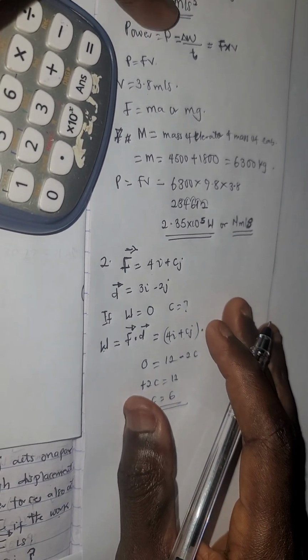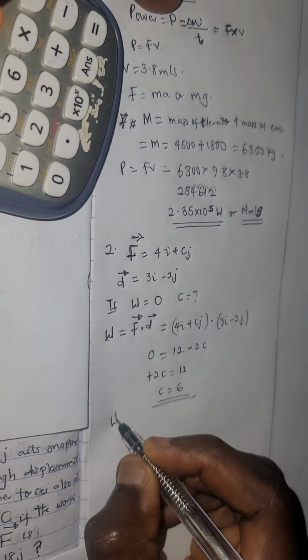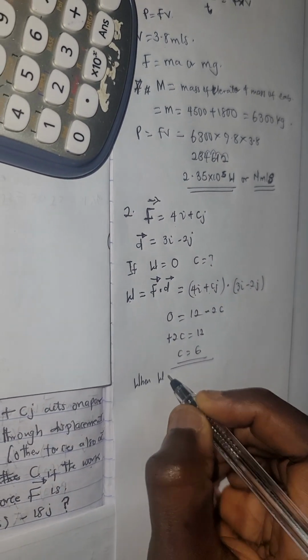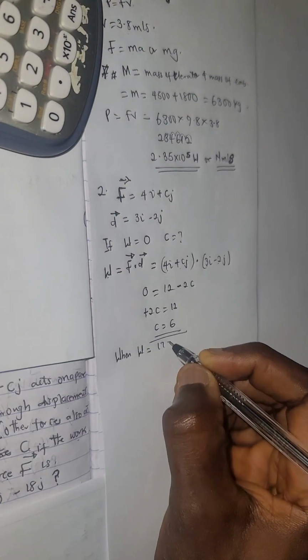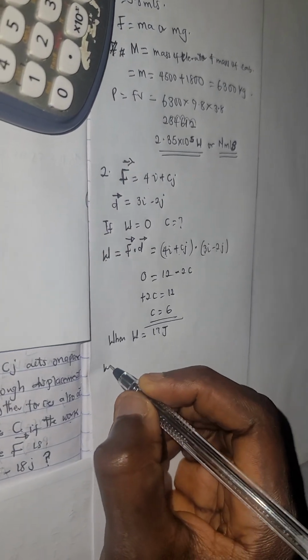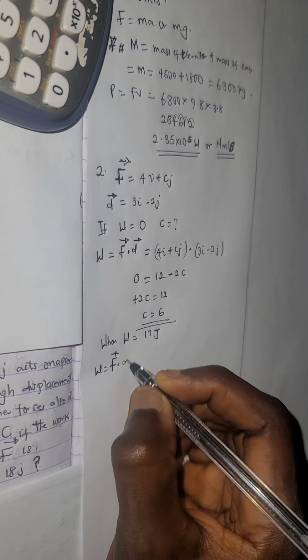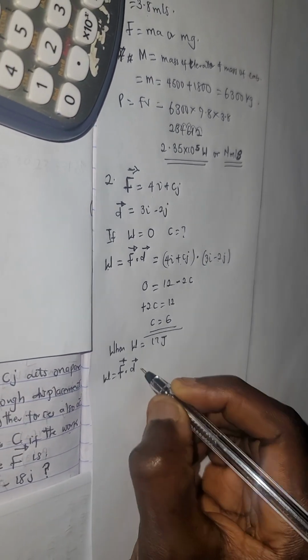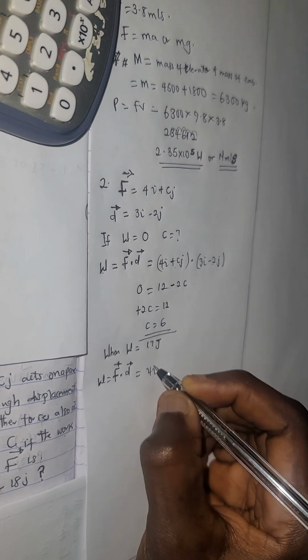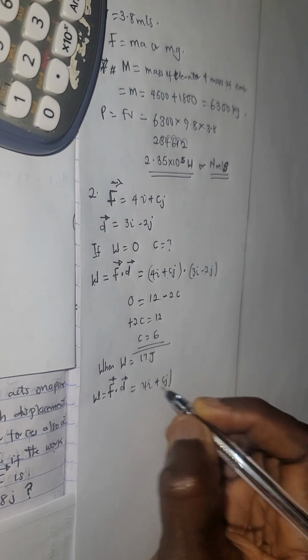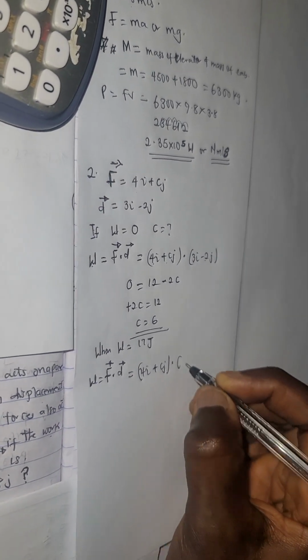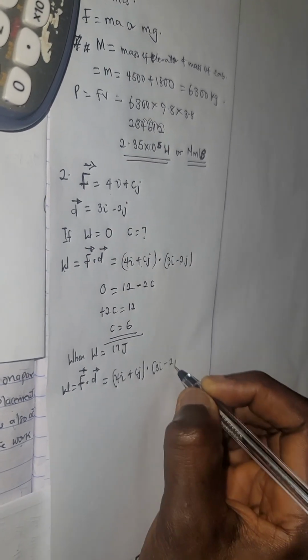Now when W equals 17 joules, W equals vector F dot displacement d. So we have the same thing: 4i plus Cj dot 3i minus 2j.